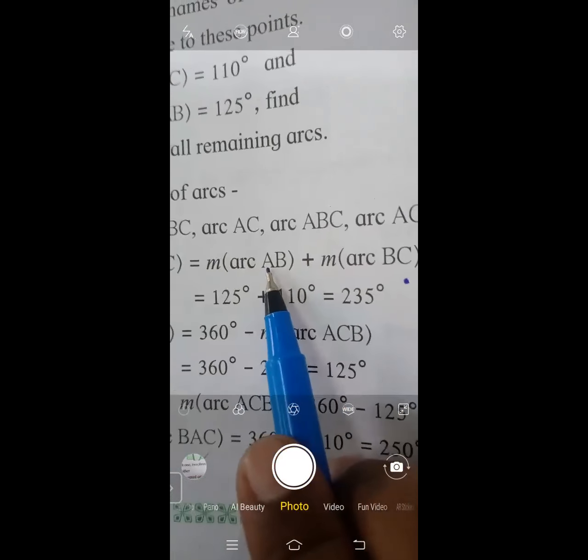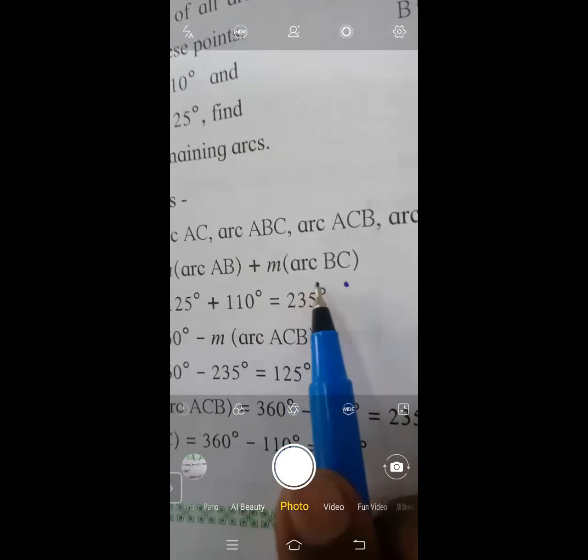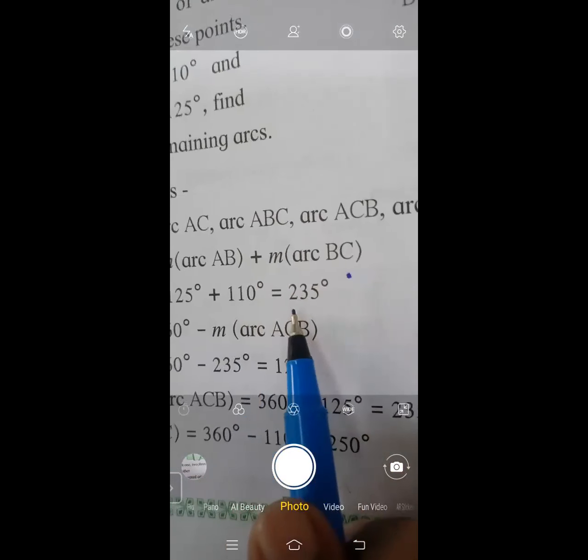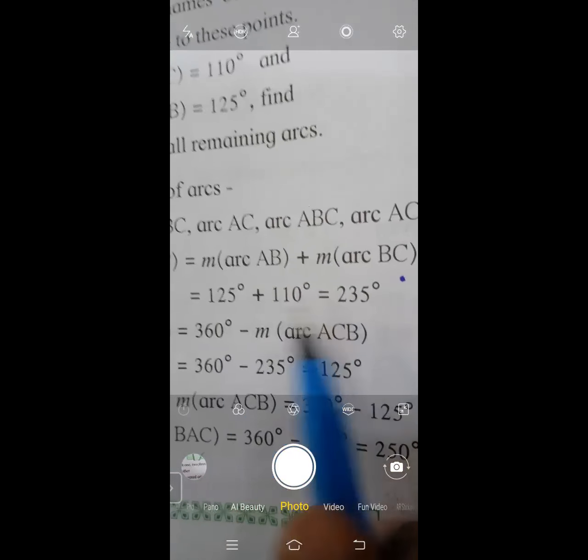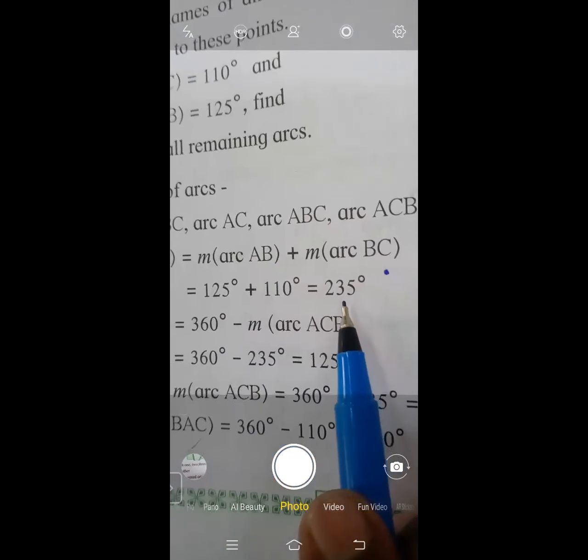In place of AB, substitute 125 degree, measure arc BC 110 degree, and their addition is equal to 235 degree.